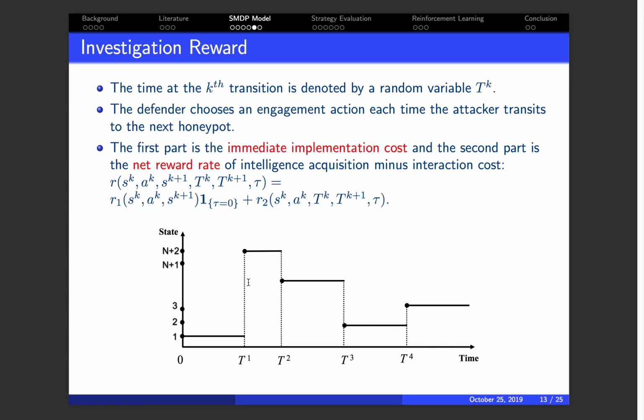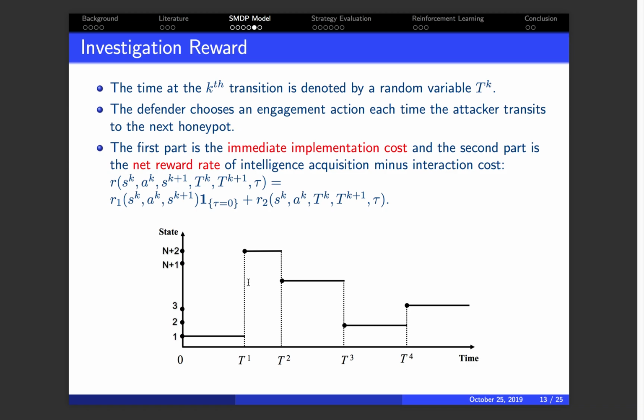The time at the k-th transition is denoted by a random variable, and we have the investigation reward block by block between time t_k and time t_{k+1}.